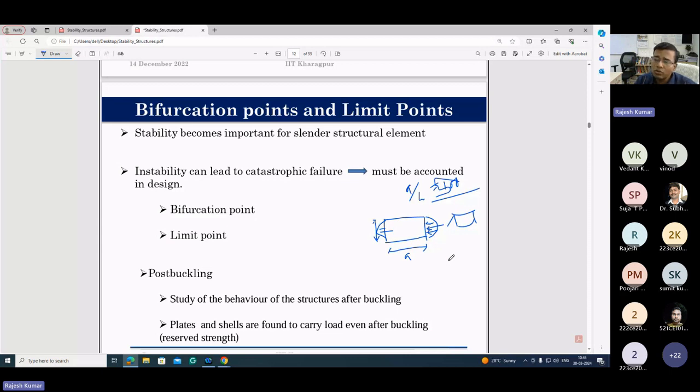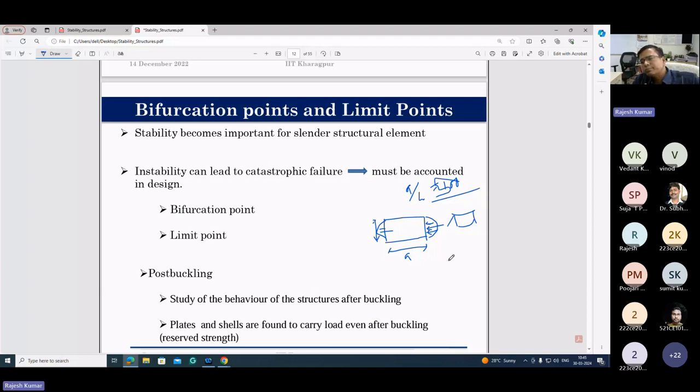And nowadays members become thinner and thinner, why? To increase the efficiency and to manufacture lightweight structures, so that fuel efficiency increases. That's why bifurcation and stability become important.